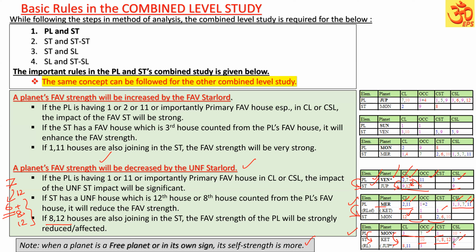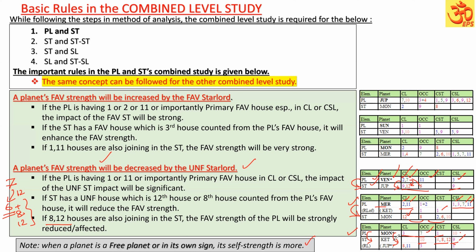Because of this favorable grouping, the favorable houses of the Moon will get some support, but the unfavorable grouping is more because Ketu is the primary level planet. I mean, Ketu's first planet is 10, 4, 8, 12. Jupiter is 8, 11, 3. I mean, 1 is only the second planet to Ketu.